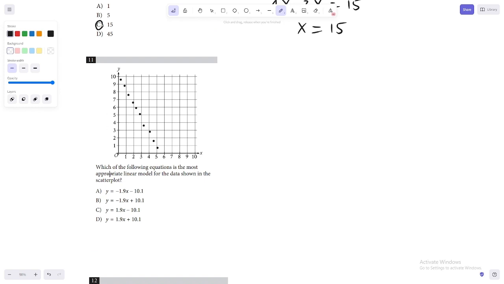Question 11. Which of the following equations is the most appropriate linear model for the data shown in the scatter plot?